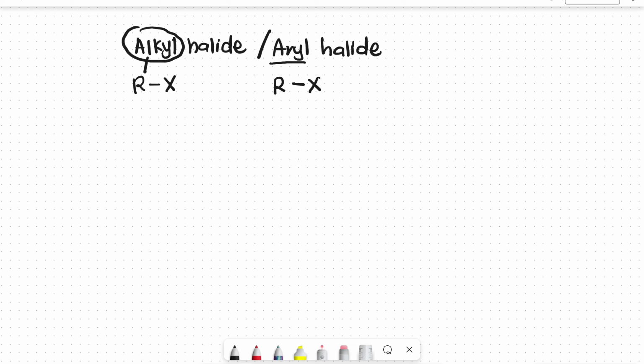Alkyl here means that it is derived from alkane. For example, CH3 is methyl.